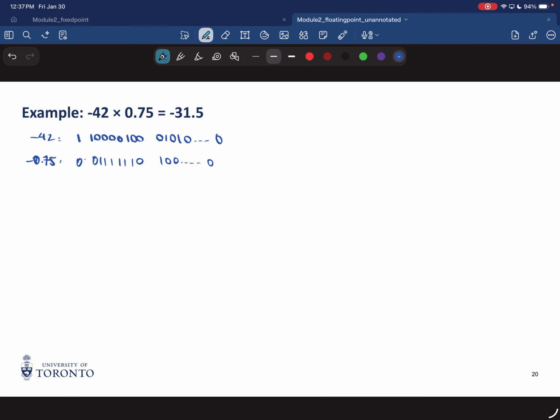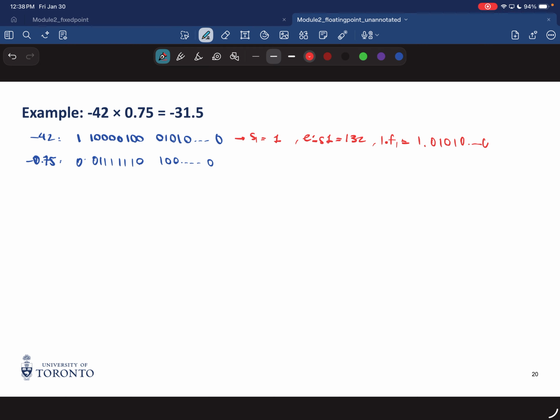Okay. So sign 1, S1, is 1. Exponent 1, E stored 1, let's say, is 132. And then 1.F1 is 1.0101.